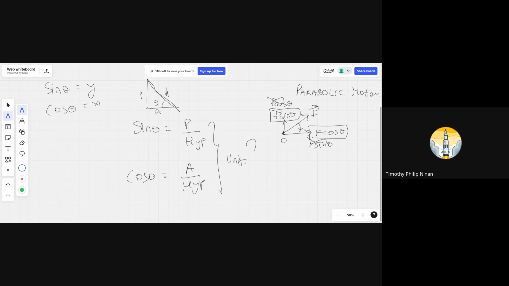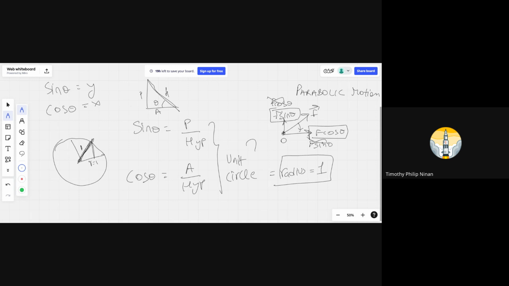We know that the unit circle has a radius of 1. So if we imagine we draw the unit circle, the radius is equal to 1.